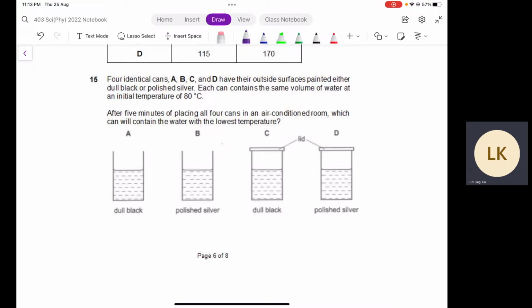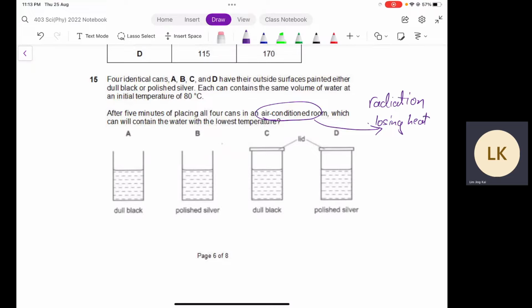If you look at the question itself, it's actually talking about the idea of radiation. And when we talk about radiation, in this case, we are trying to talk about losing heat. Because it's placed in the aircon room, we are trying to make the water lose heat.